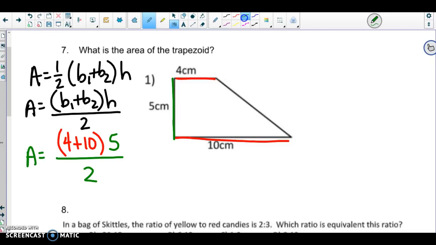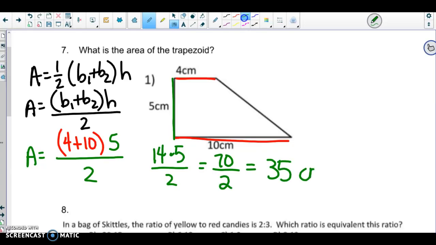That would give me my answer. So if I do my order of operations, 4 plus 10 is going to be 14. 14 times 5, and then we can divide by 2. So 14 times 5 is going to be 70. 70 divided by 2 gives us an answer of 35 centimeters squared.